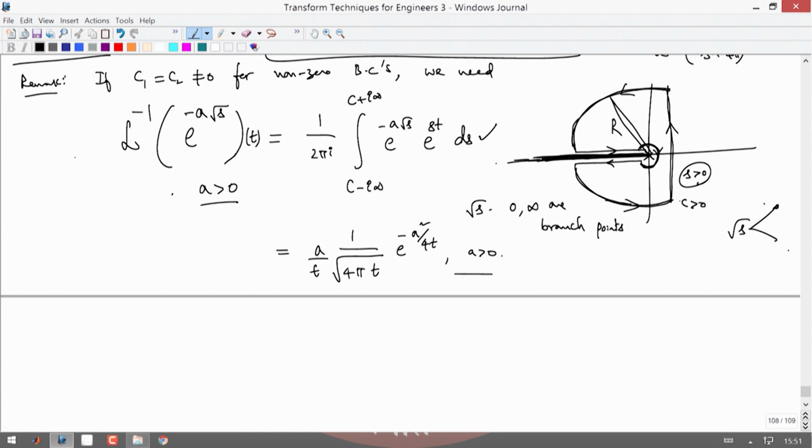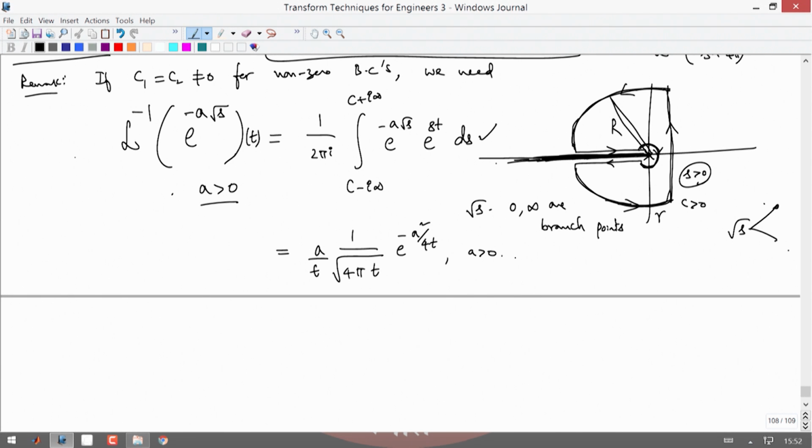So, we take this cut from 0 to infinity on this side, so that e power minus a root s is a single valued function in this domain. If it is a curve, inside this domain omega, e power minus a root s is a single valued function. If you evaluate this contour integration technique, you will get the same result, or you can just accept this as a table and use it whenever you need this inversion.